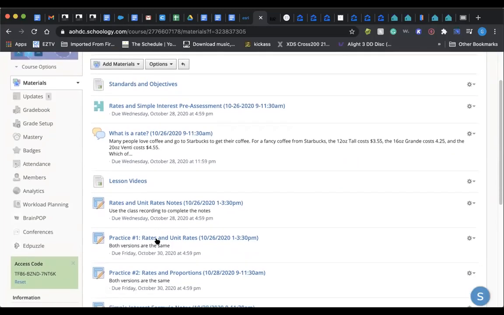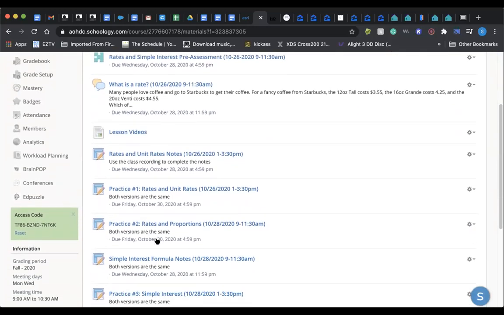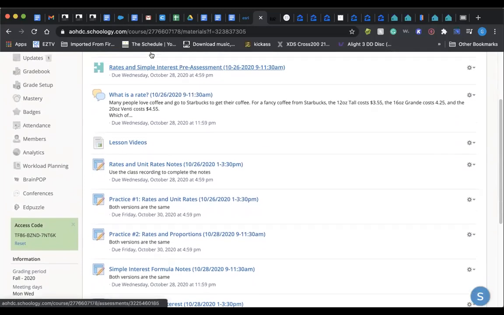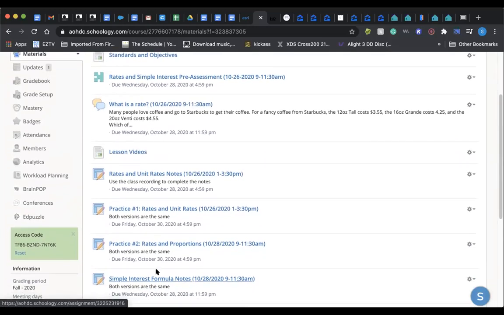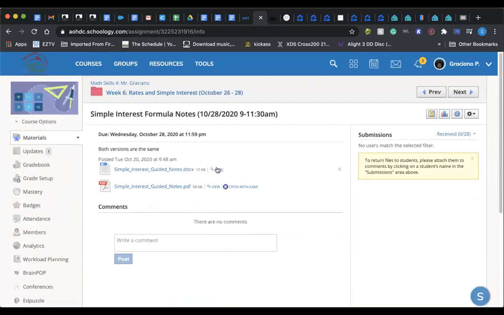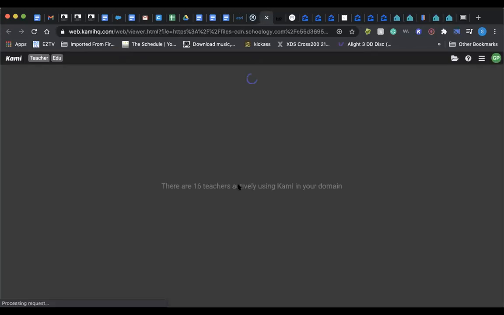And you're going to scroll down and click on the 1, 2, 3, 4, 5, 6, 7, 8th item in here that says simple interest formula notes. Right, this is what we're working on right now, is your simple interest formula notes. You have a doc version and a PDF version so that you can open the PDF in Kami if you so desire. Okay.